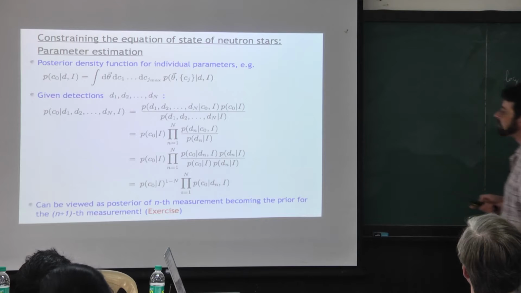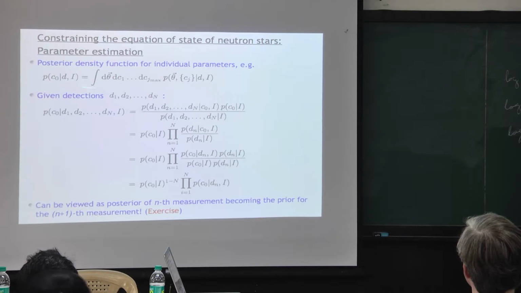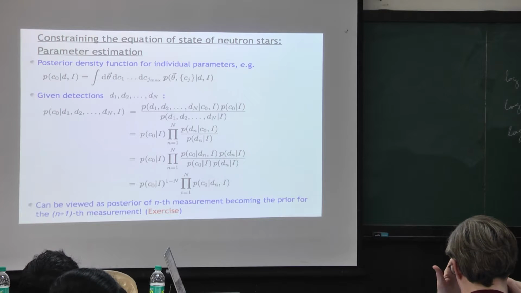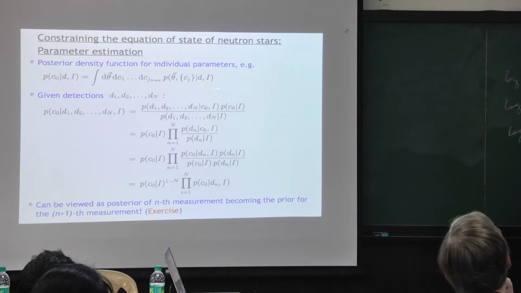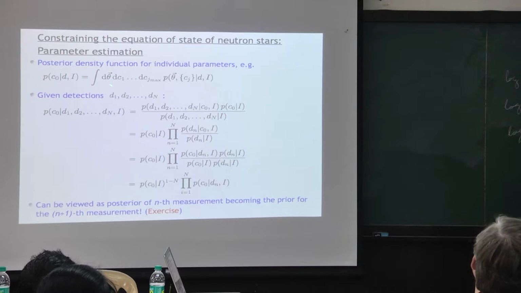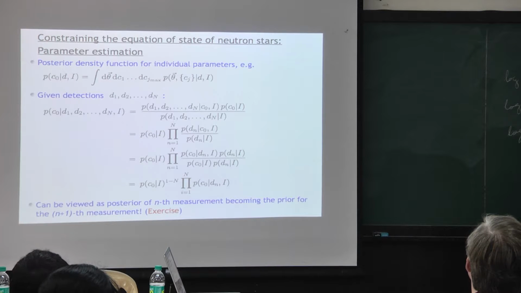Okay, let's give it a try. So again, let's focus on the posterior density function. We're doing parameter estimation now, but let's focus on the posterior density function for one of the parameters, and I could have chosen C1 or C2 or C3 here, but let me just choose C0. Then, like I said, that is just the joint posterior density function, but marginalized over the parameters I'm currently not interested in.